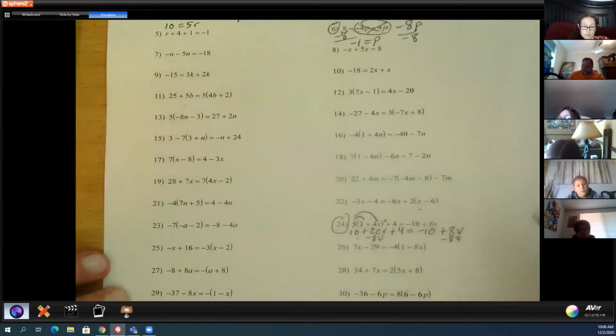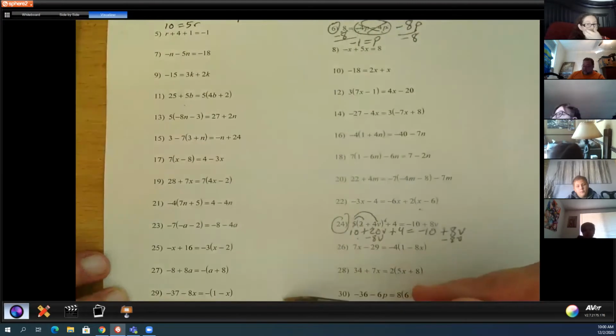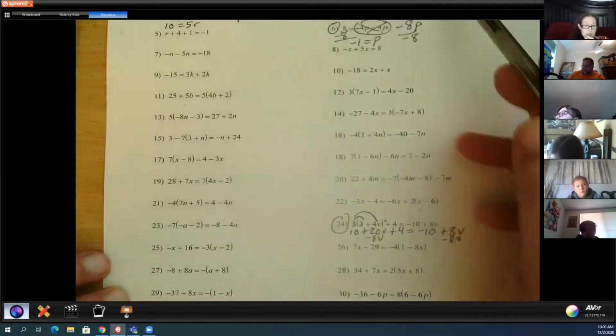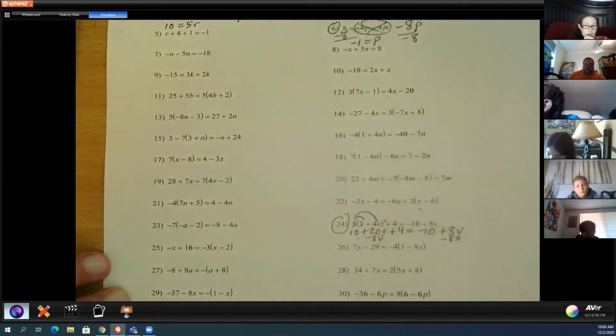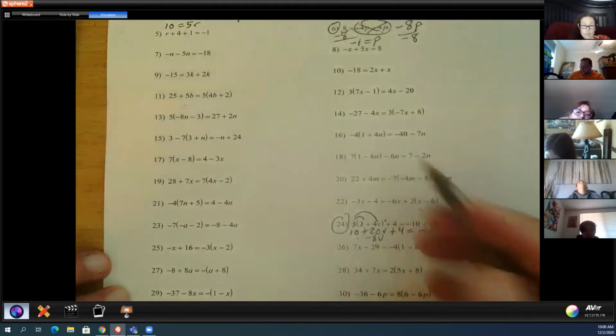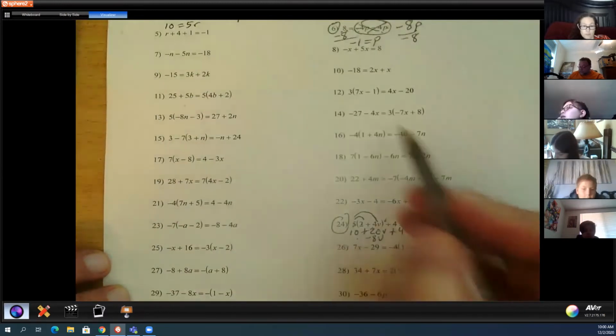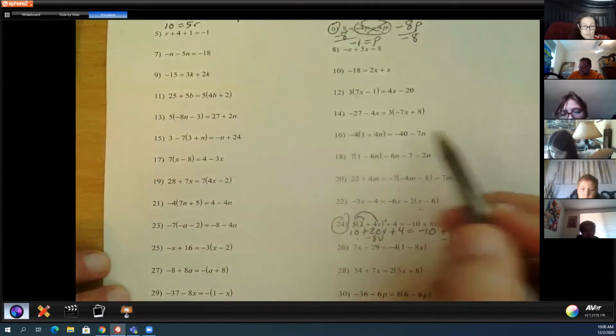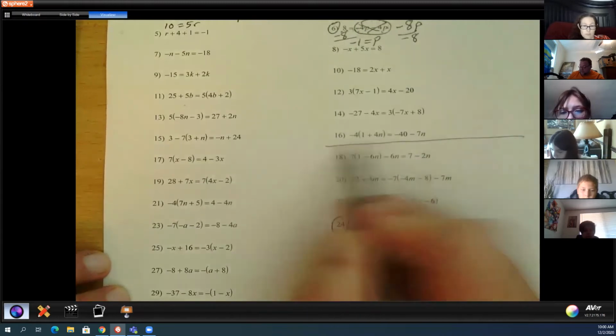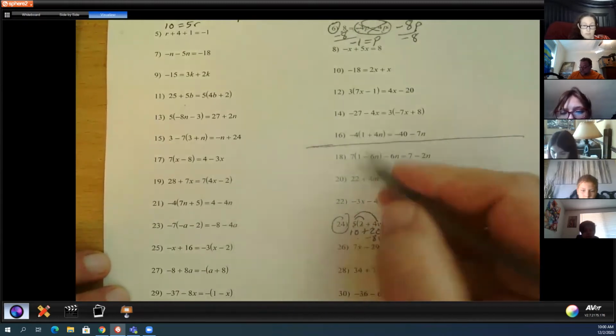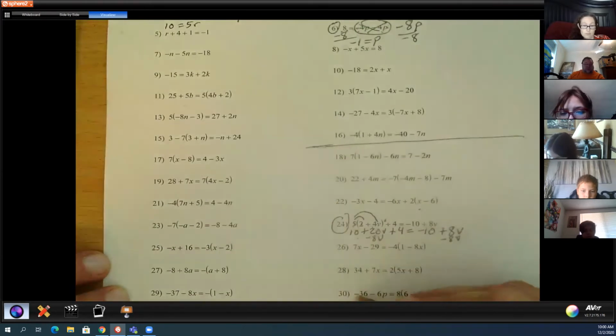So I'm going to expect you to do the whole left-hand side, and then I want you to do half the problems on the right-hand side for tomorrow. And then we'll work the rest of them. So I want you to do the odd numbers, and then I want you to do up through 16, and I'll do 18 through 30 tomorrow with you guys, okay?